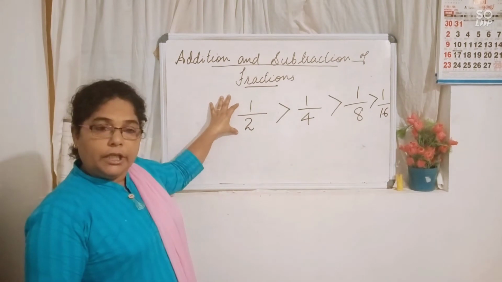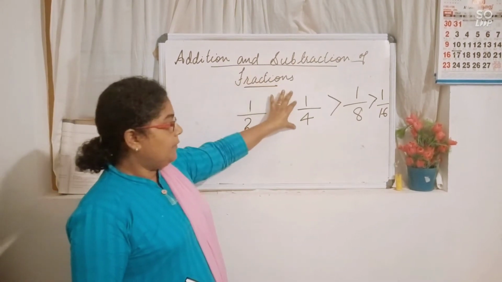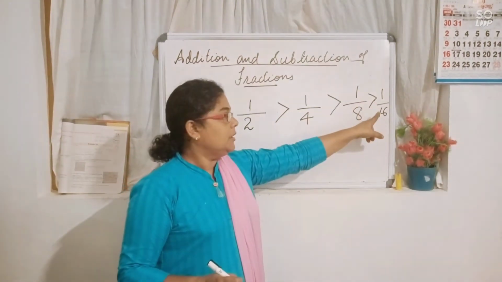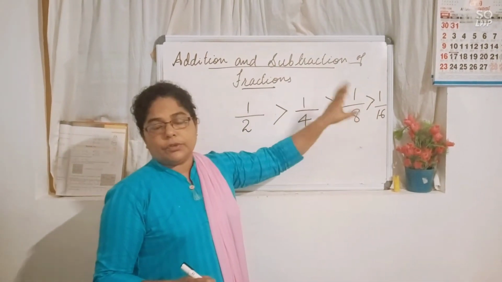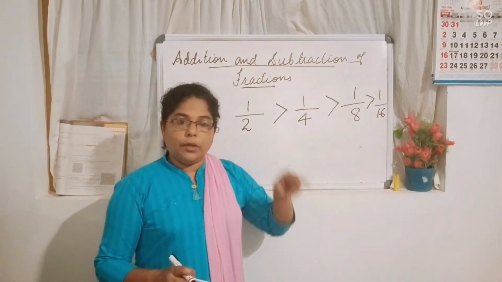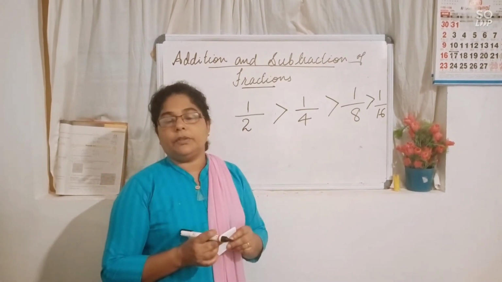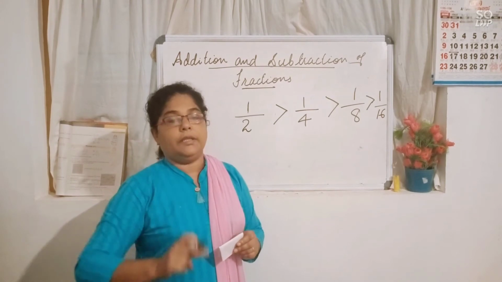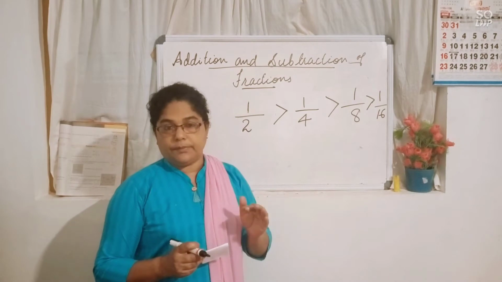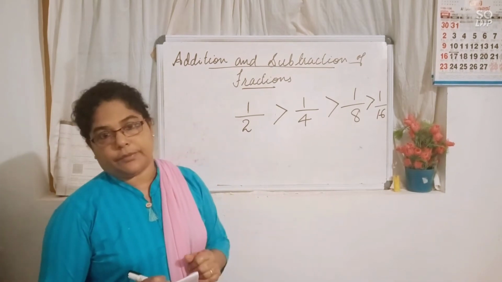Okay, so now, which is big? Here we made only 2 pieces. Here we made 4 pieces. Here 8 pieces. Here 16 pieces. So what happened here? When we are cutting into more pieces, the size of that particular piece is becoming smaller. Now it is becoming smaller and smaller.